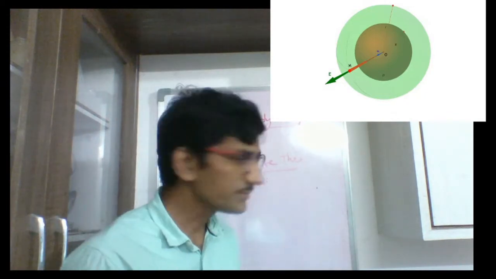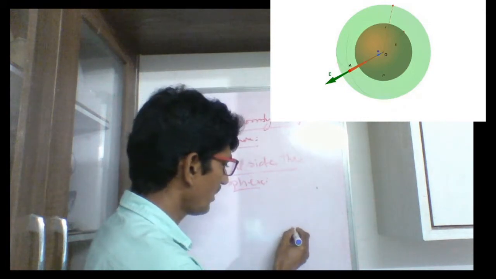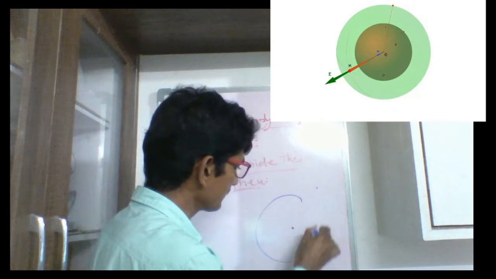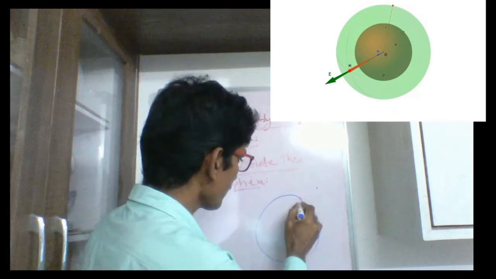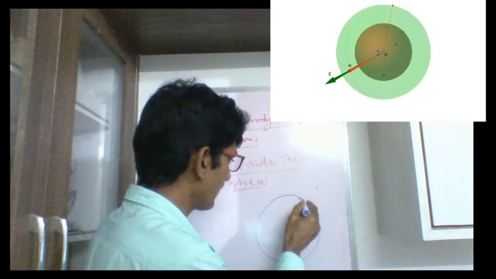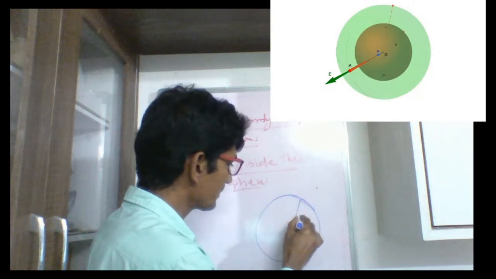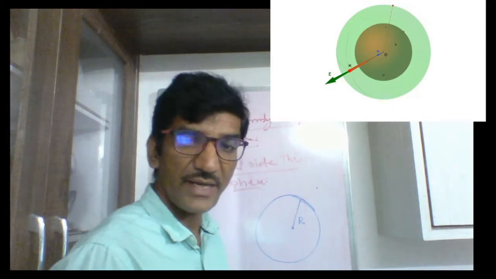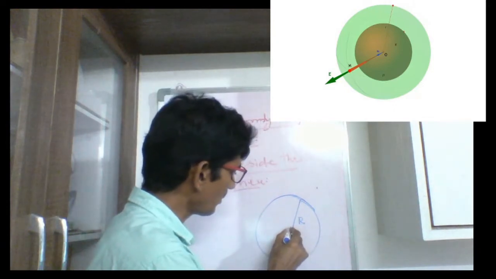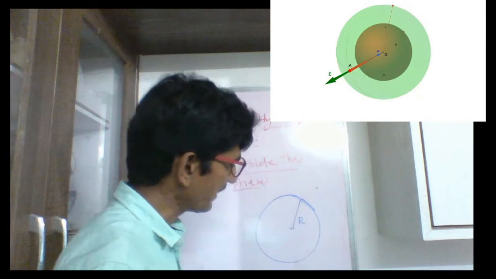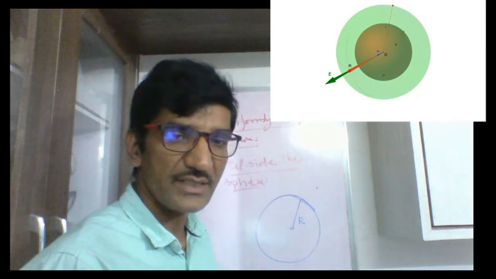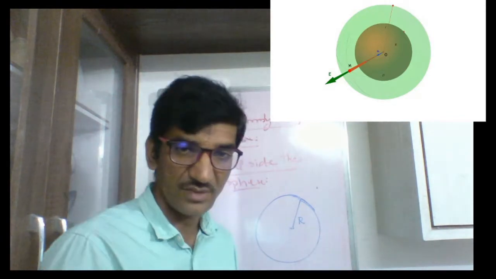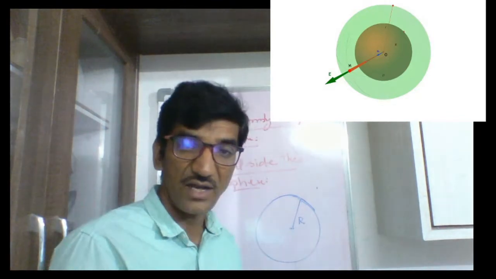Let me draw a diagram for this first case. See, this is your sphere, the original sphere. The radius of this sphere is R. Now, say this is the origin O. Now you want to find the electric field outside this sphere due to the charge inside this sphere.